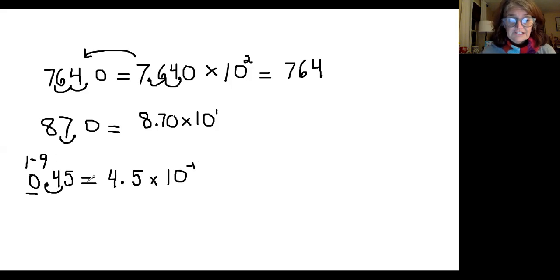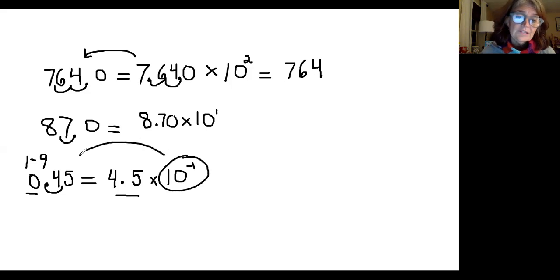So the first thing you do is create the number so that one number is in front of the decimal, and then make sure this reflects how you need to move that decimal to get back to your original number. Okay? That's scientific notation in a nutshell.